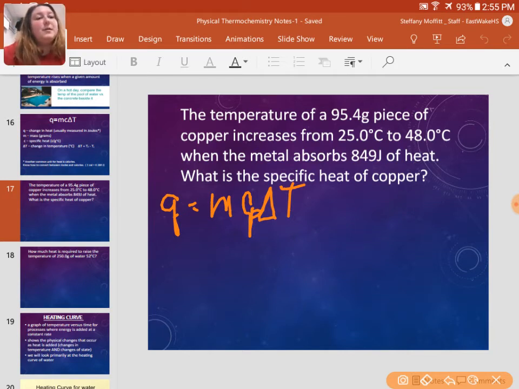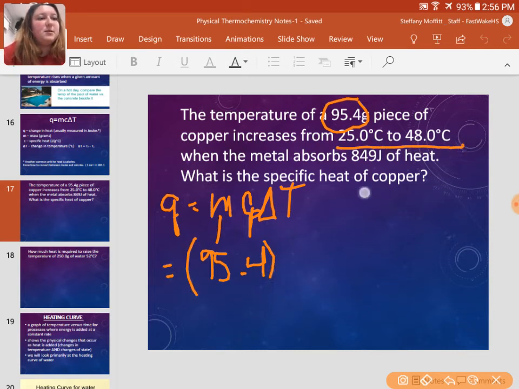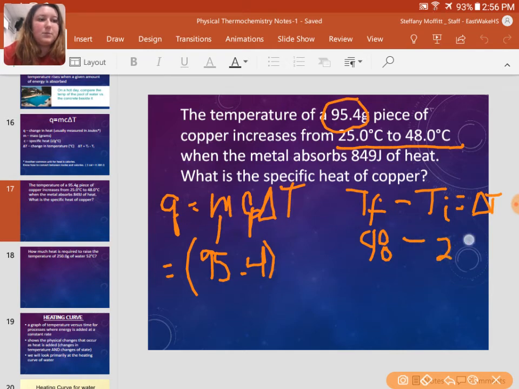So the temperature of a 95.4 gram, so that's the mass, 95.4 of copper increases from 25 to 48. So T final minus T initial gives us delta T. T final is 48 because it increases to 48 minus our initial. It started at 25.